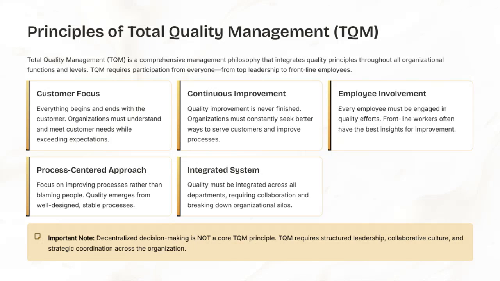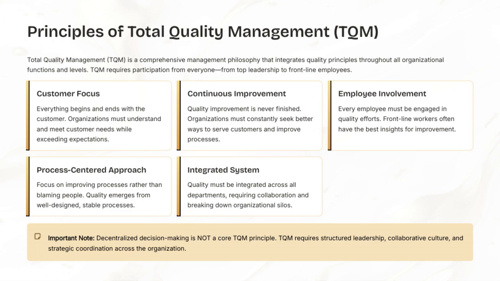Now, an important note to keep in mind is that decentralized decision-making is not a core principle of TQM. Instead, TQM emphasizes structured leadership, a collaborative culture, and strategic coordination across the entire organization. Quality must be integrated into all departments, which means breaking down silos and encouraging teamwork.